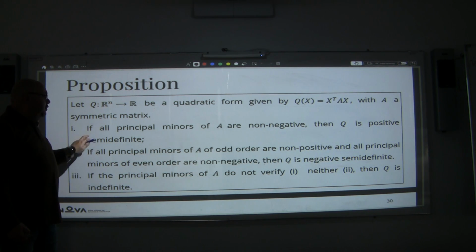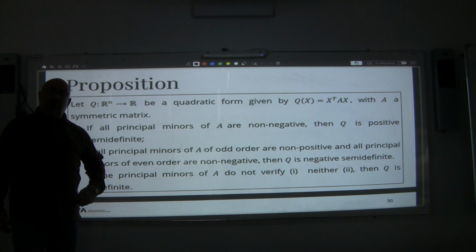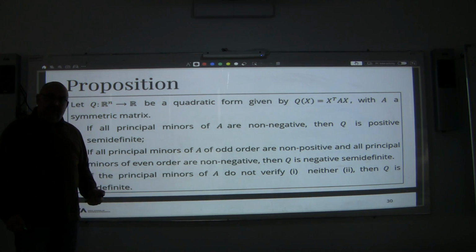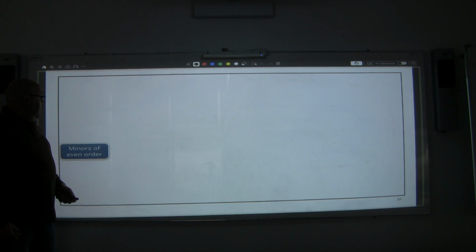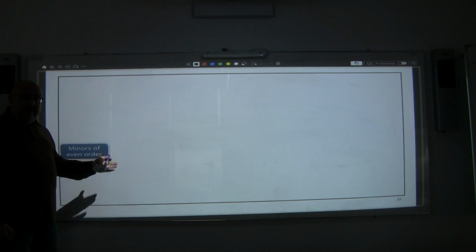If both of these cases are broken, then you are working with the indefinite case. And that's the more general, extra step that you will need for classification using the principal minors. This is how it is described step by step.